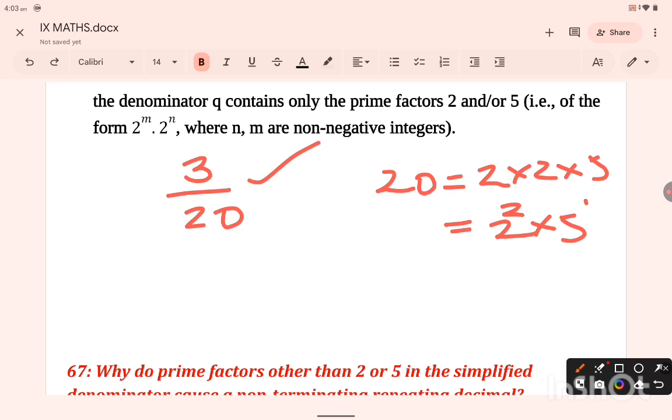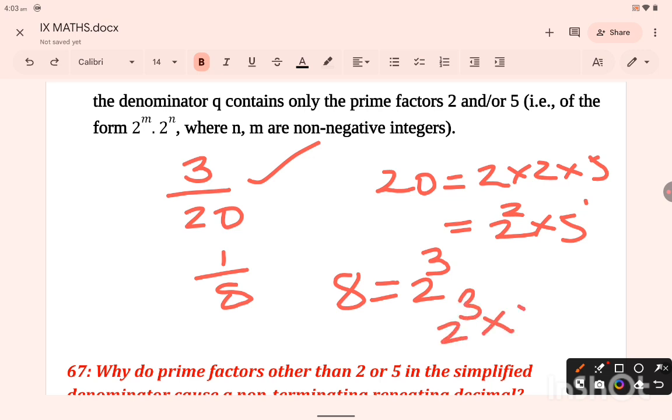Next, 1 by 8. 1 by 8 is a fraction in simplified form, because 1, 8 have no common factors other than 1. Now, denominator 8 can be written as 2 to the power of 3. Also, this is in the form of 2 to the power of m into 5 to the power of n, because 2 to the power of 3 can be written as 2 to the power of 3 into 5 power 0.